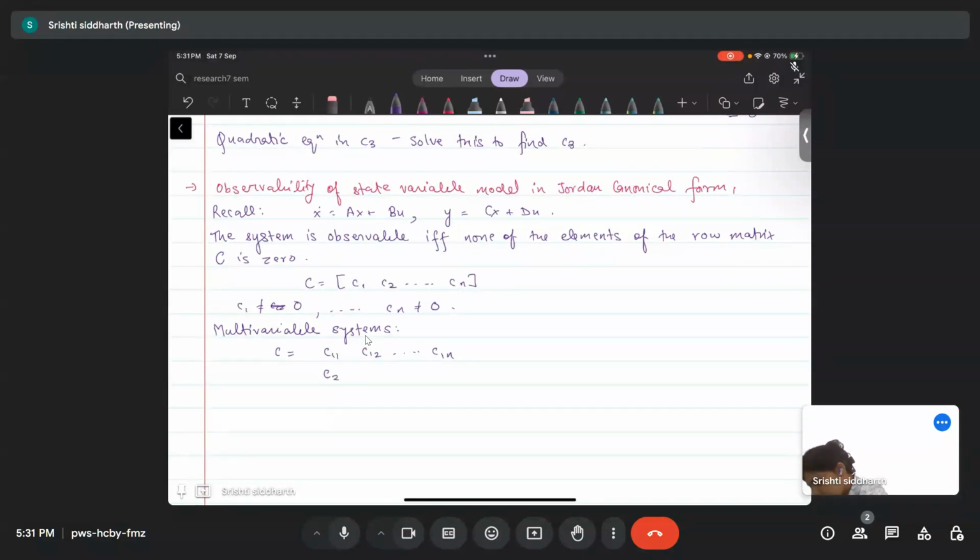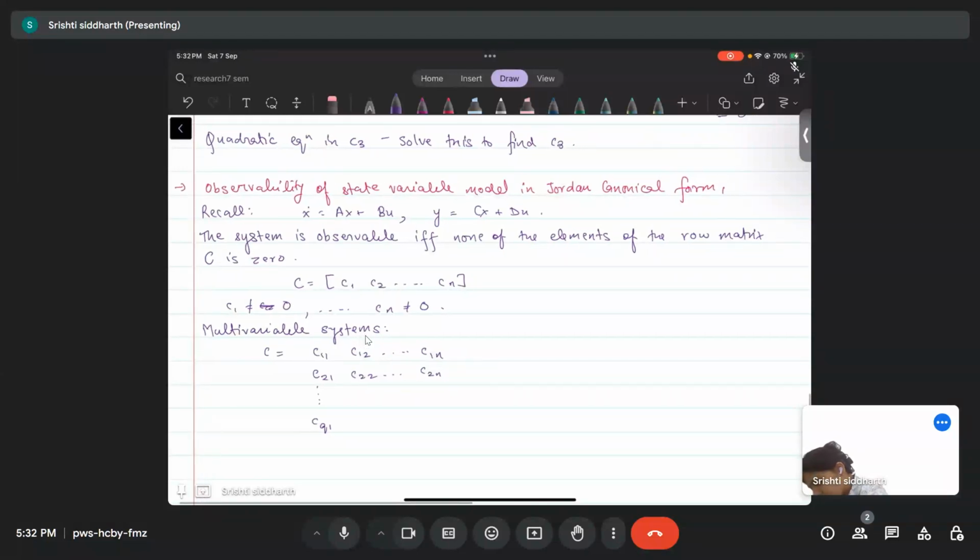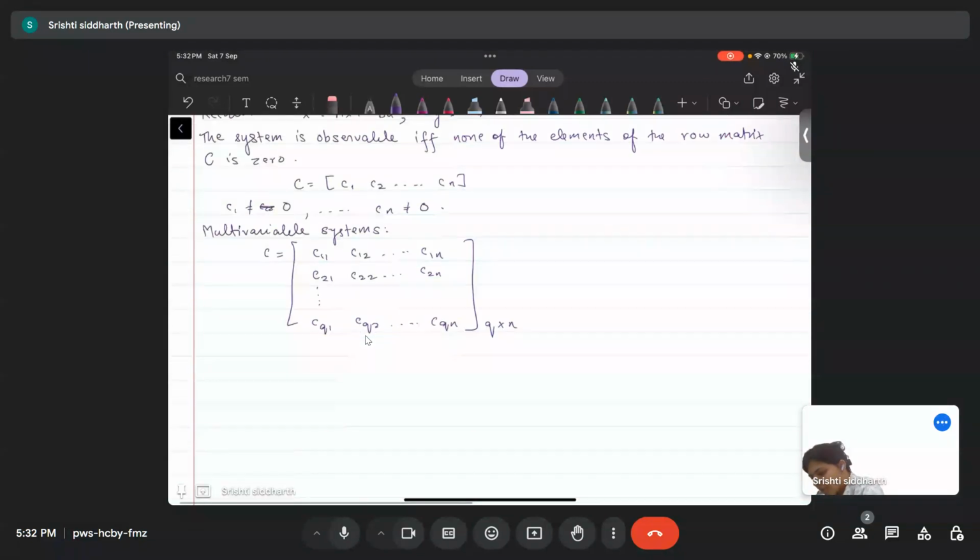So this is C21, C22 up to C2n. This goes on till CQ1, CQ2, all up to CQn. So this is a Q by N matrix, where Q is the number of measurements or outputs.